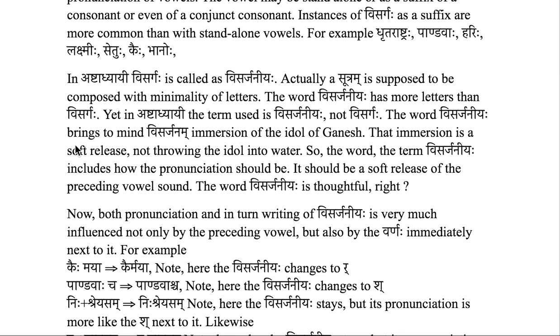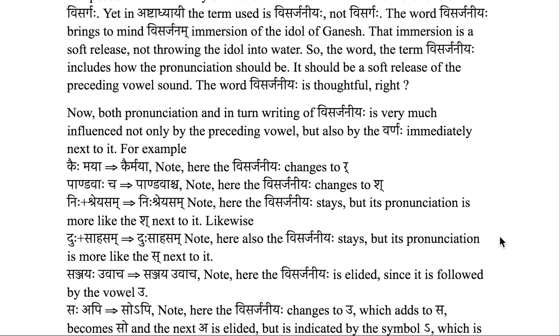That immersion is a soft release, not throwing the idol into the water. So the term visarjaniya includes how the pronunciation should be. It should be a soft release of the preceding vowel sound. The word visarjaniya is thoughtful, isn't that right? Now both pronunciation and in turn writing of visarjaniya is very much influenced not only by the preceding vowel but also by the varna immediately next to it.